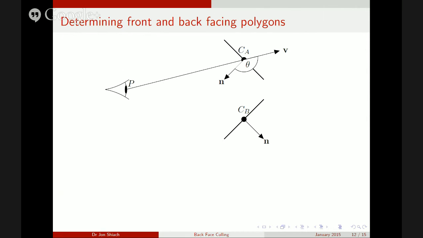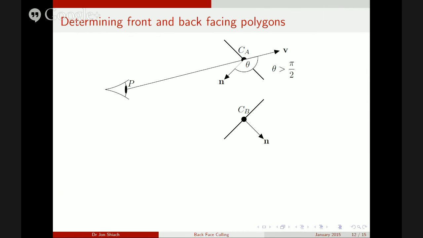It's greater than pi over 2. Okay, so for that front-facing polygon, the angle between the normal vector and the viewing vector is greater than 90 degrees, i.e. pi over 2 in radians.